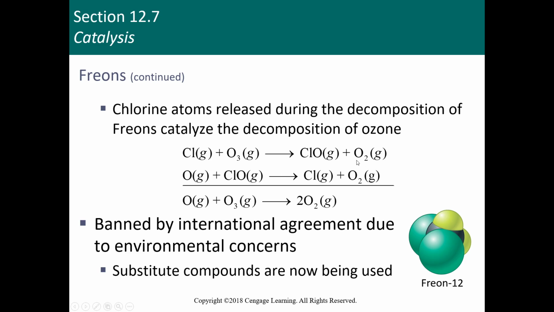Then it can no longer block the UV radiation, which is harmful to living organisms, especially the high energy UV radiation that we're talking about here. And so that high energy UV radiation will destroy all plants, animals. Humans will die from high energy UV radiation, usually on the order of about 10 to 20 minutes.